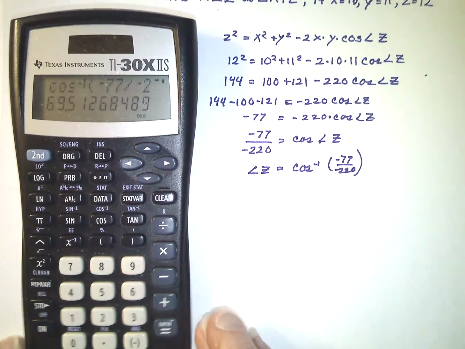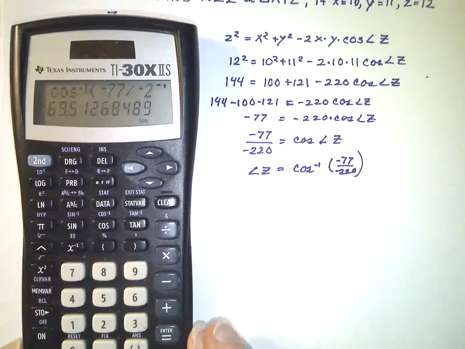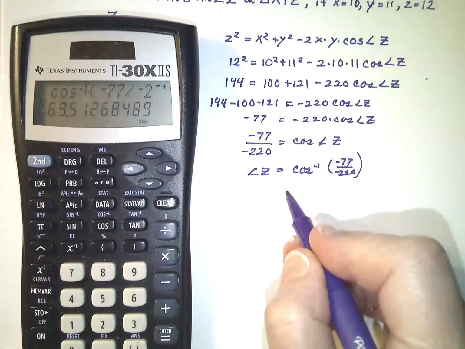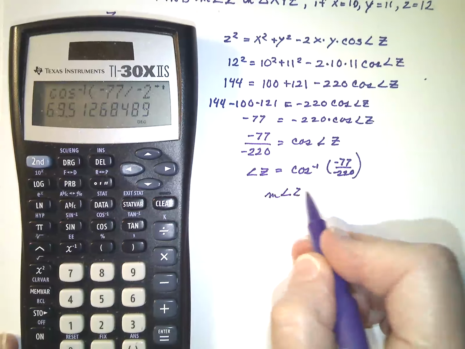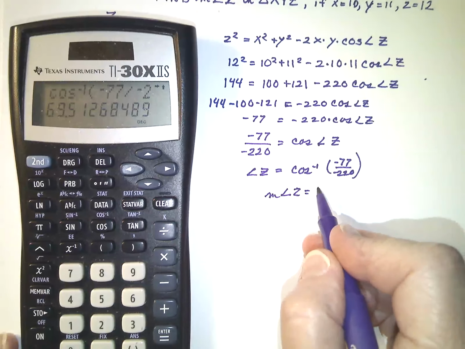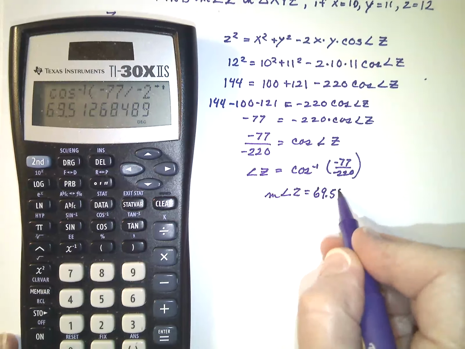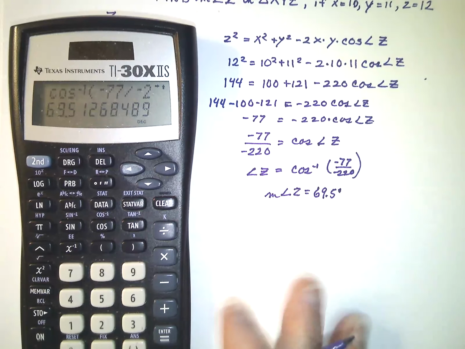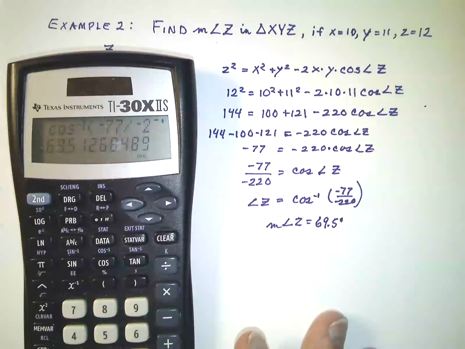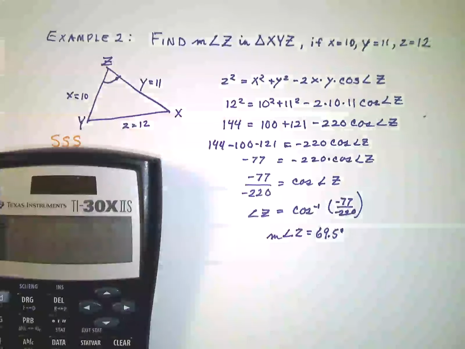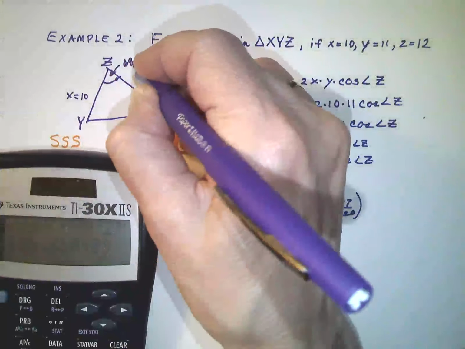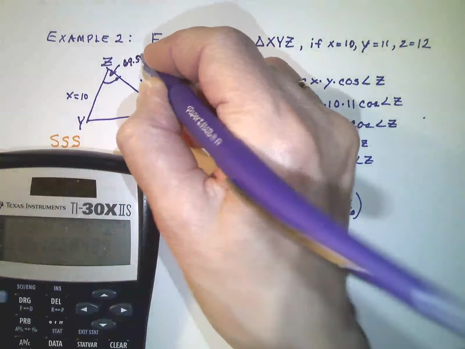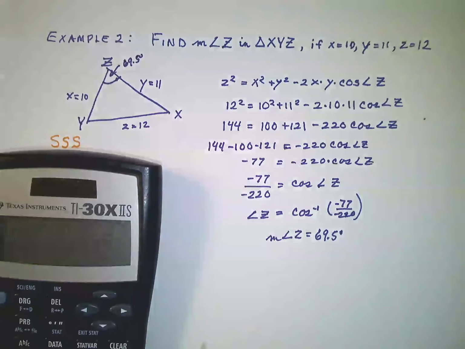And it's saying that the angle is 69.5 degrees. And there we have it. That's all we're asked for. That's all we have to give. If they had wanted us to complete the triangle, we would have to go back, use the law of sines probably, to find out the measures of the other two angles.